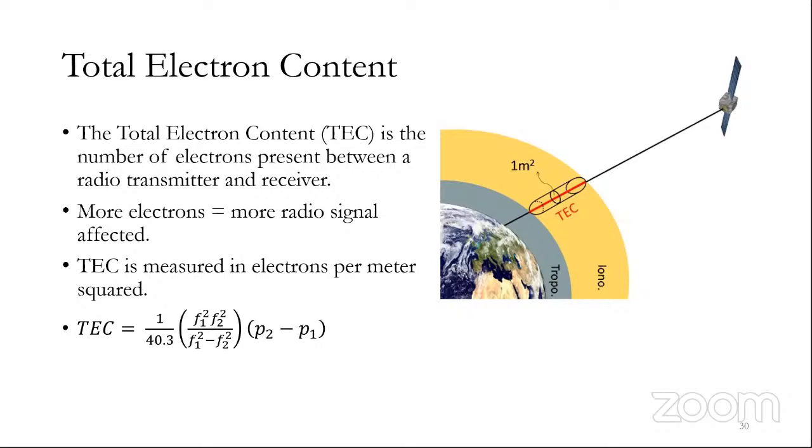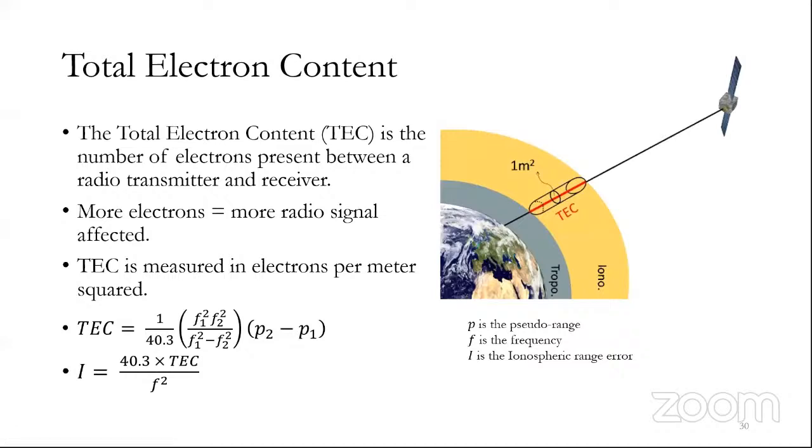So we take frequency 1 and frequency 2, and we insert them into the equation. We then find the range between the transmitter and the receiver, just like the equation I mentioned: the speed multiplied by the time gives the pseudo range, and this can be represented by P2 and P1 from both frequencies. So we use both frequencies and the range between the satellite and the receiver, and with that, we are able to find the TEC.